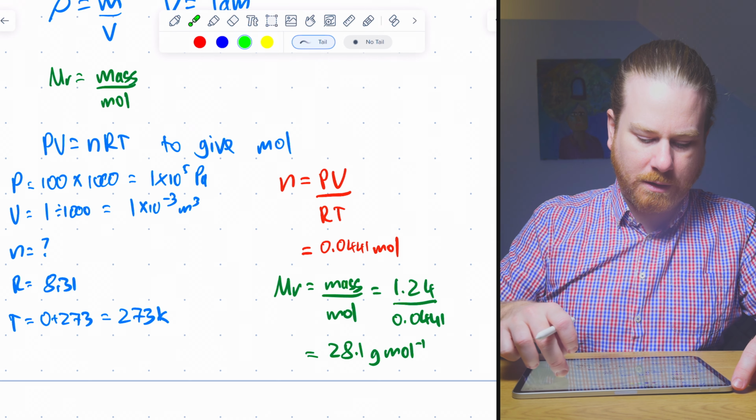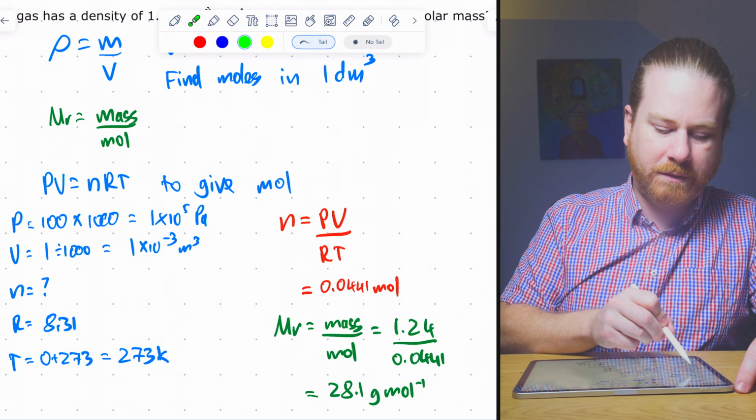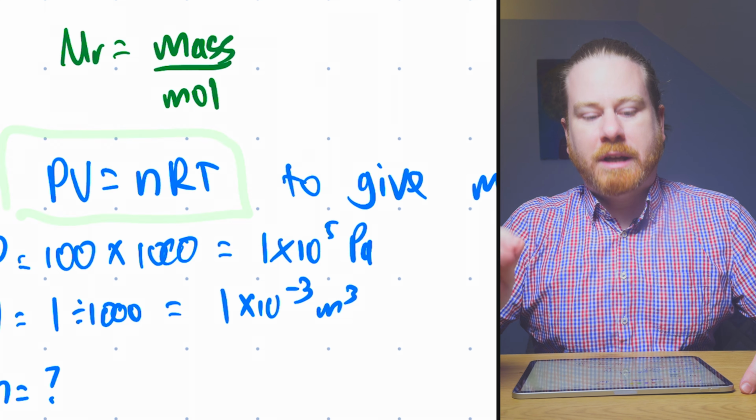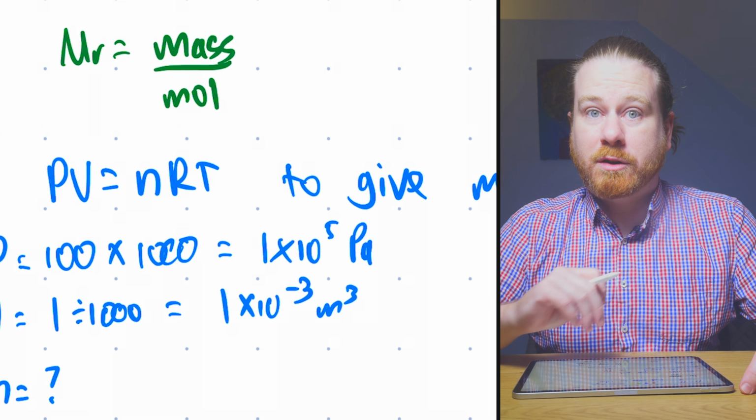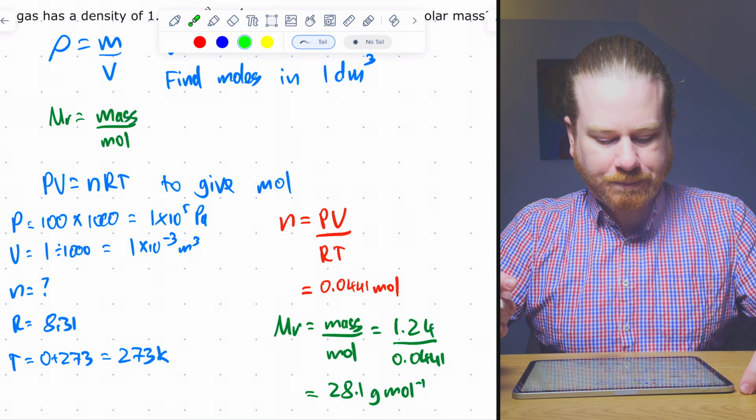Let's look at the numbers. The first step is using PV equals nRT, just what we've done in the last example.